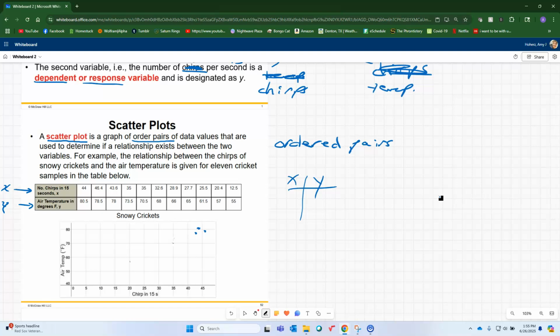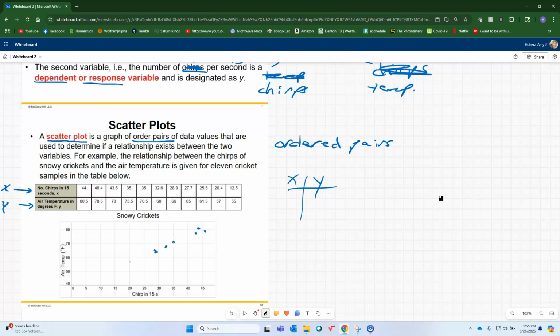35 is 70.5. 32.6 would be just about half, because 32.5 would be halfway. So about halfway between 30 and 35, and that's 68 degrees. 28.9 is 66 degrees. 27.7 is 65 degrees.